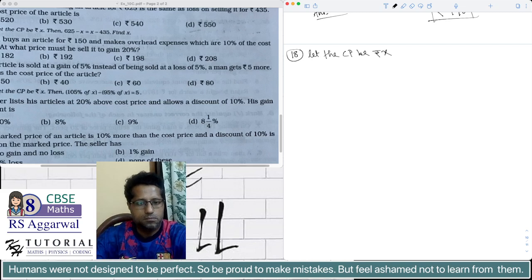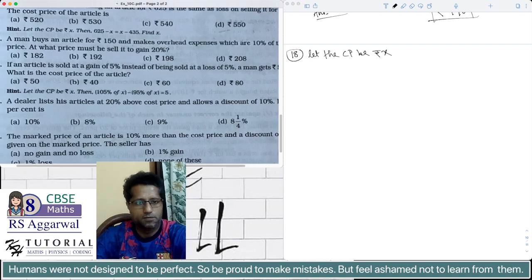Now for the first case, let's find the selling price.